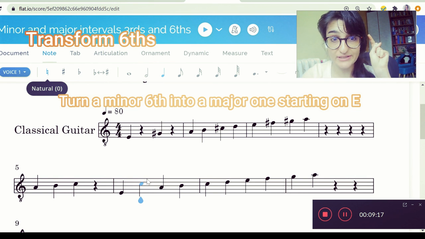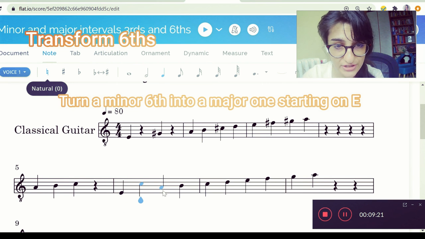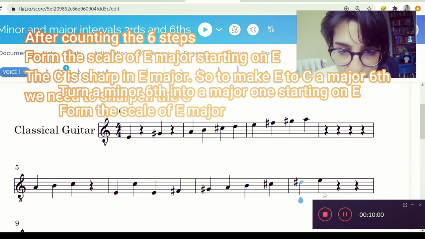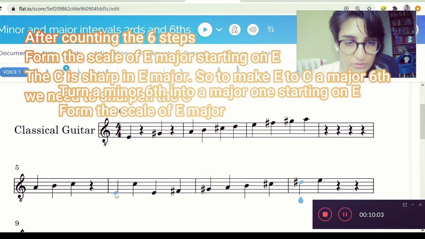Let's say we have to make this major. Form the scale of E major, starting on E. That's our scale of E major we formed on the first note of the interval. Okay? So to make this minor interval major, we need a C sharp.